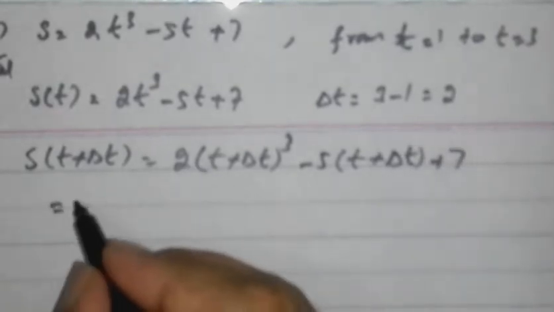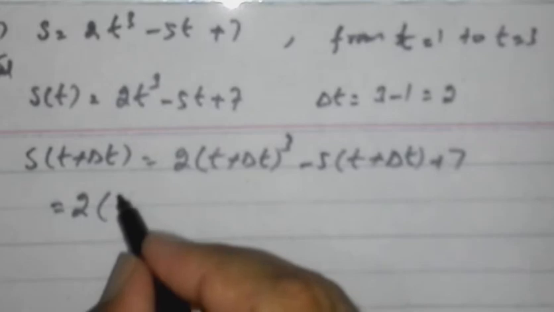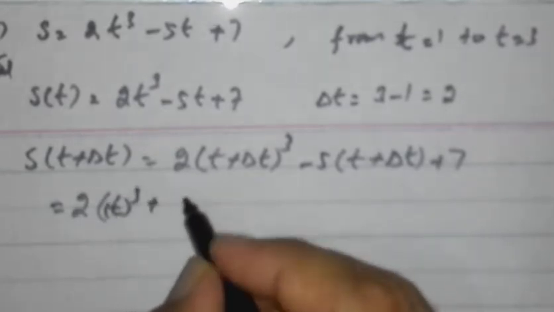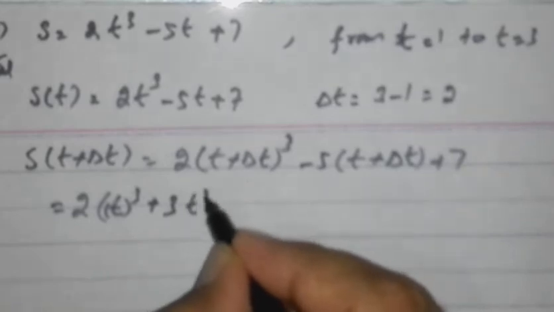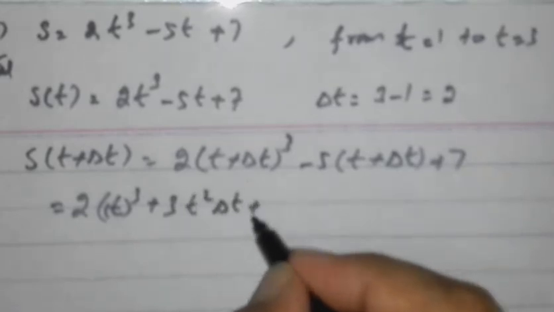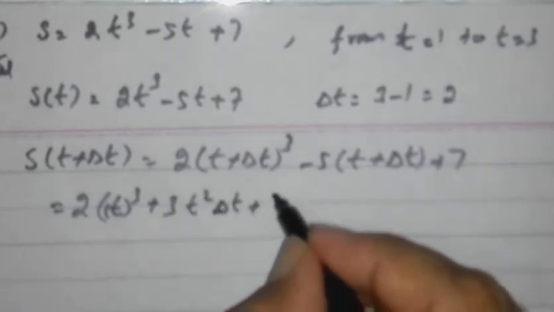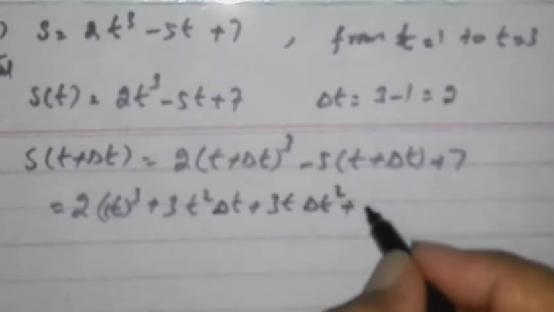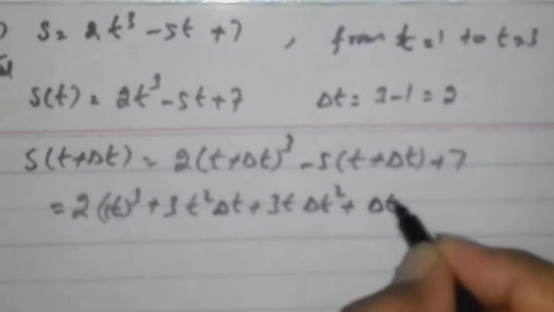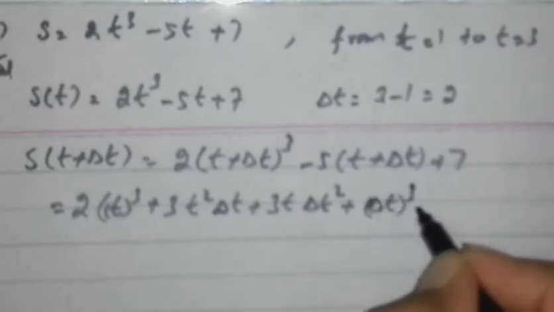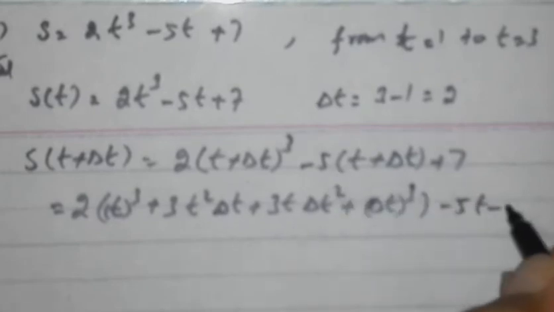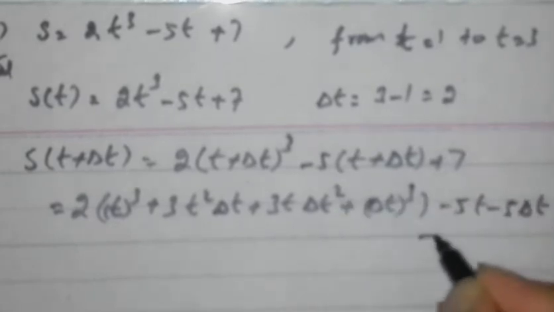Now expand this 2. We can write it as t cube plus 3 t square del t plus 3t del t square plus del t cube, and here minus 5t minus 5 del t and plus 7.